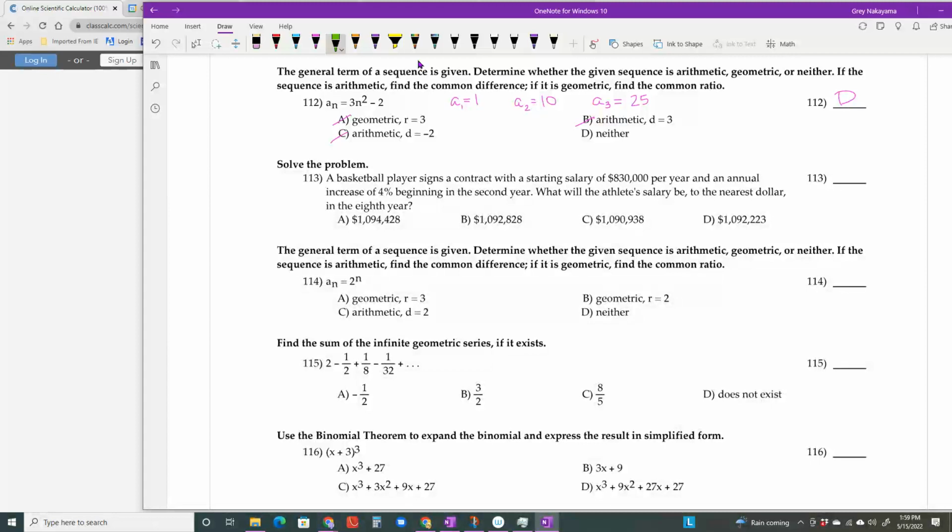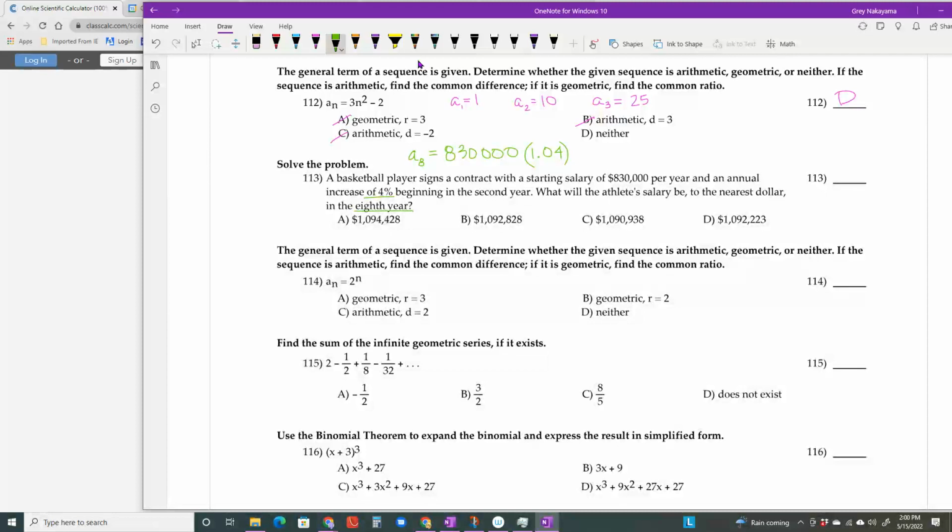All right, basketball player signs a contract. He has a starting salary. They want us to know what his salary is in the 8th year. Well, that's the 8th term of a geometric sequence. So the first term is 830,000. My r, okay, this is where people are going to mess up, is 1.04.